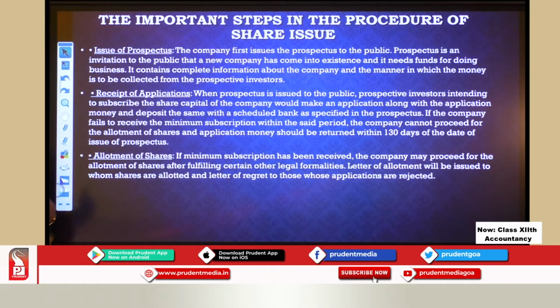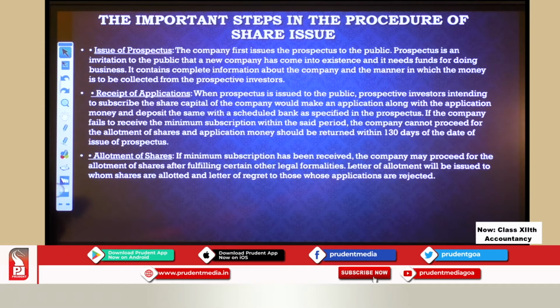So here the applications will be scrutinized by the directors, then they will decide whom to give the shares and whom not to give the shares. If they decide to give the shares, there is some legal procedure which has to be followed and then the letters will be sent to the public for whom the shares are given and for whom the shares are not given. Now what letters?